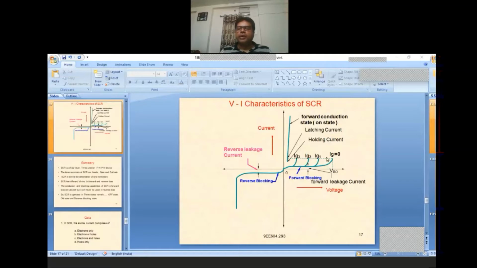Just after the breakdown, current goes on increasing through the SCR, but still it will not be considered as on state, and it will be considered as if it has entered into the on state when and only when the forward current increases above a value called the latching current.